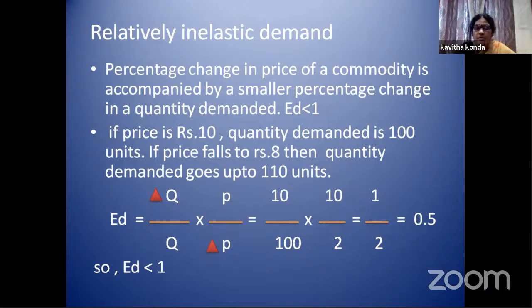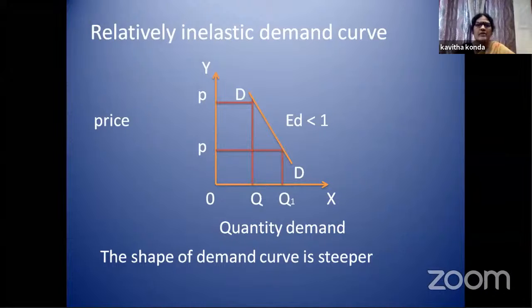Here we see that a percentage change in the price brings a small change in the quantity demanded, which can be shown in this curve. The price changes from P to P1, decreasing from 10 to 8 rupees, but the quantity changes from Q to Q1 only a little. A smaller change can be seen in the quantity demanded.